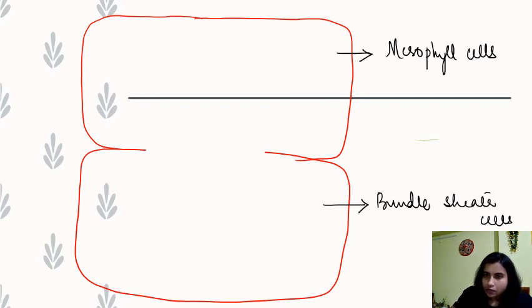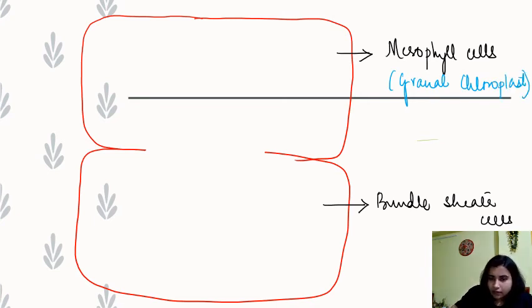Now you know that mesophyll cells contain granule chloroplast, and here the bundle sheath cells contain agranule chloroplast.